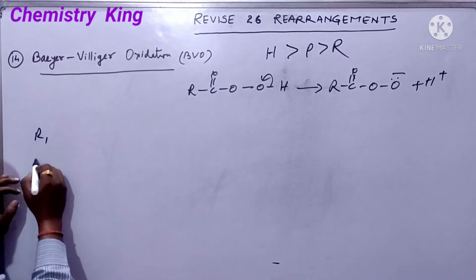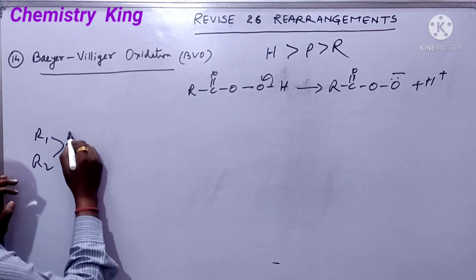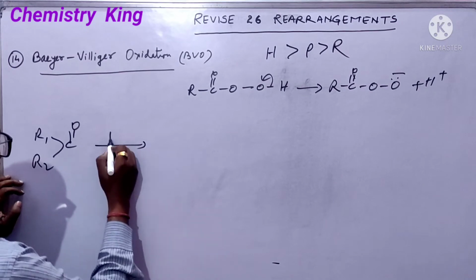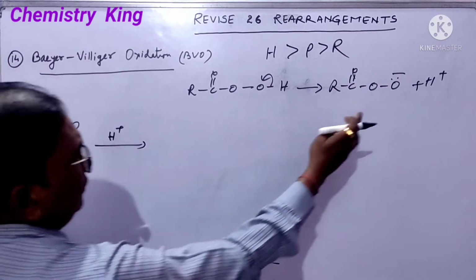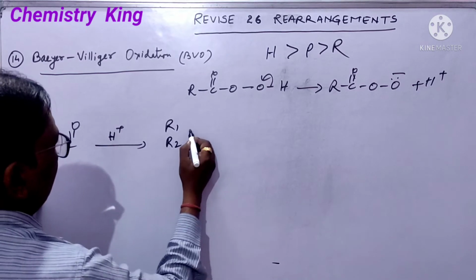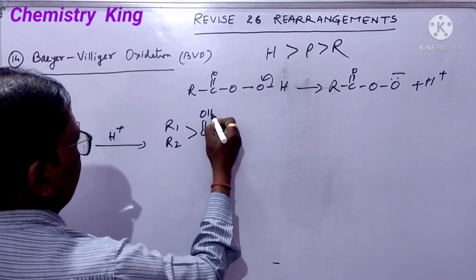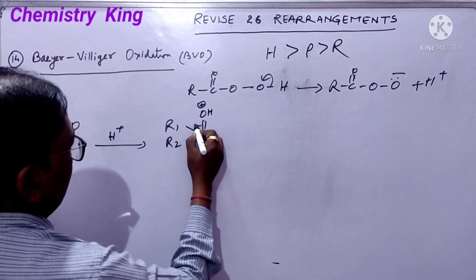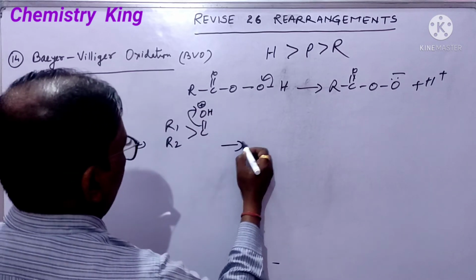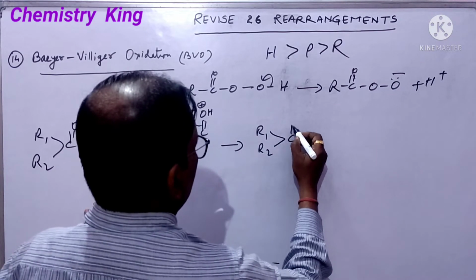Now suppose R1, R2, it is a ketone. This H plus will come here at this place, R1, R2, C, OH, double bond OH, positive charge.